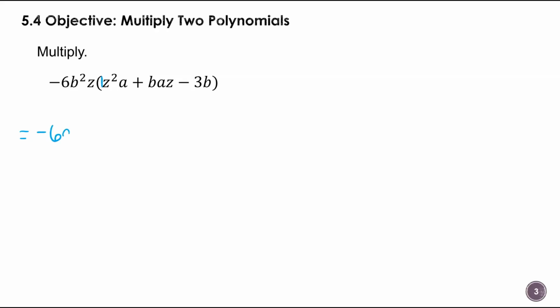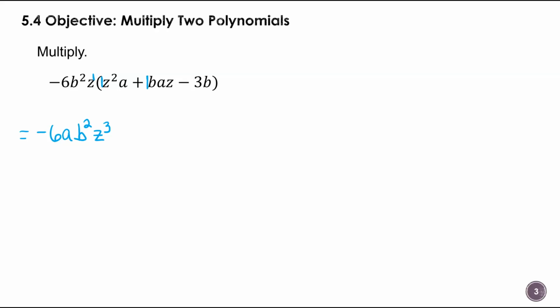Okay, so negative 6, this is a 1, so it will be negative 6. I don't have anything to combine with the a, right? I can't add exponents on that. The b squared stays. And then I have z to the first times z to the second, so z to the third power. And then on the second term, I have a 1, b, a, z.